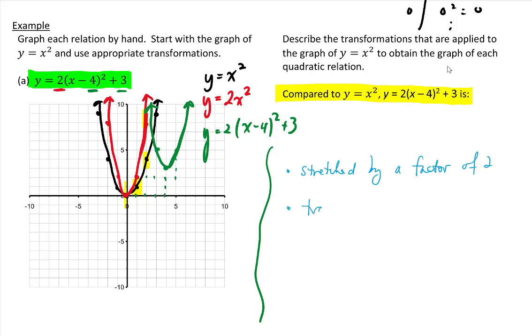And then we can say translated 4 units right and 3 units up. And that's all you have to do to describe the transformations. So the black graph is stretched by a factor of 2, and then the red graph is translated 4 units to the right and 3 units up to get the green graph.